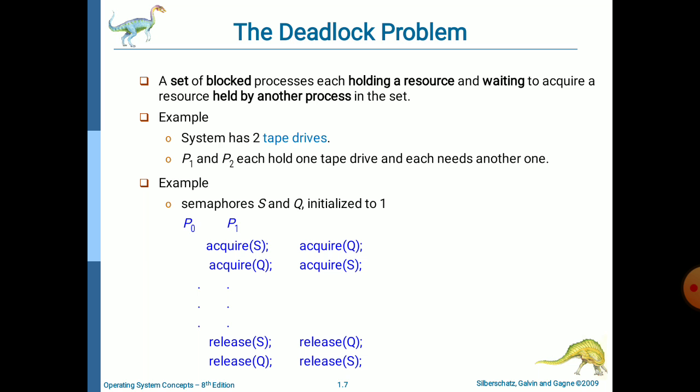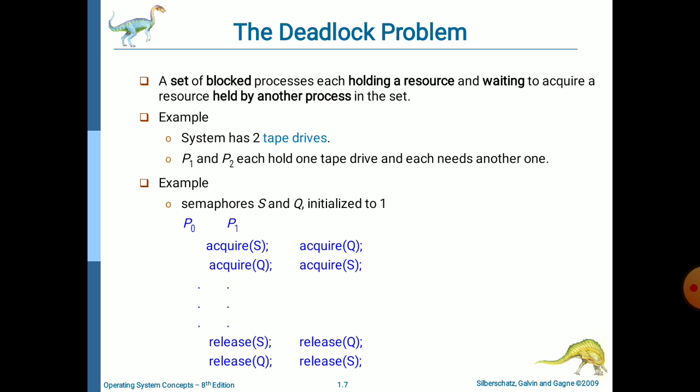P0 and P1 acquired S and Q, and next what happens is P0 requests Q, and P1 requests S, but both are already acquired.